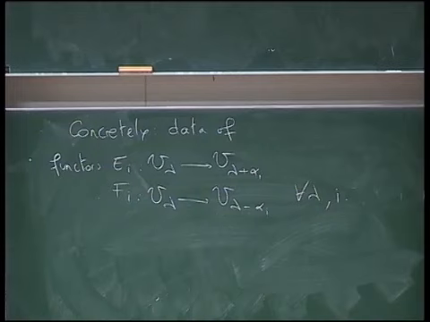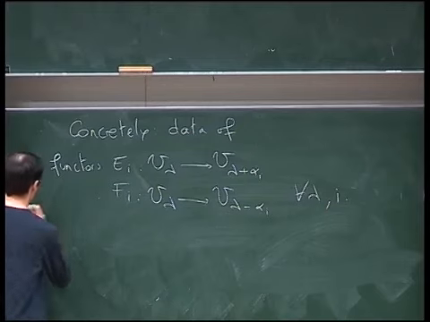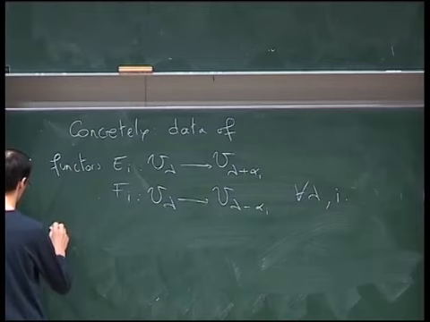And now we have to look at images of two arrows. And there are quite a few in our category. So we need to be given also natural transformations of functors. So let's say I will call them morphisms.